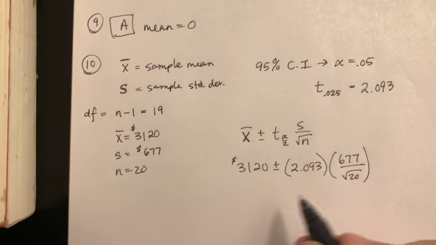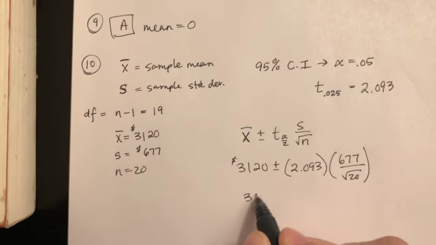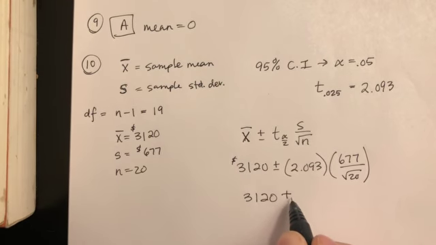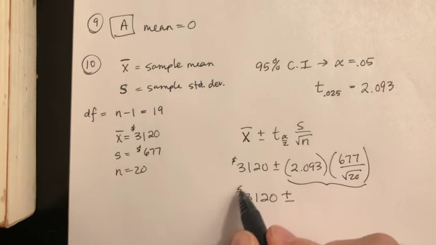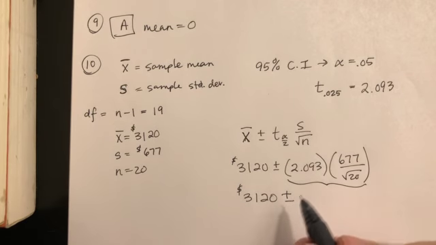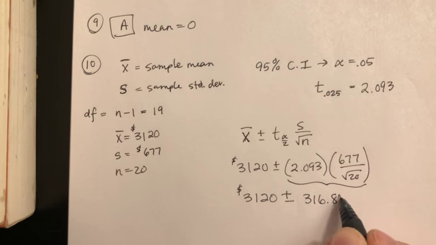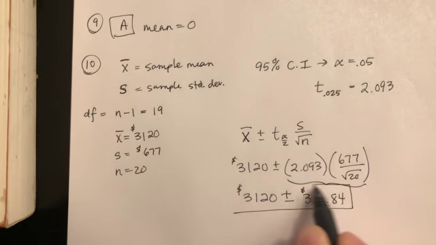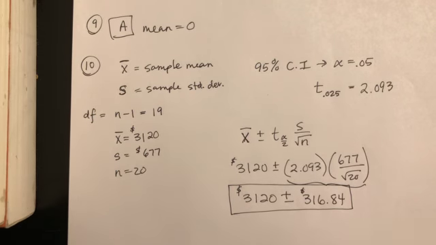I'm only working with this part right here; 3120 stays there, that's the mean. And then it's plus or minus 316.84. So that is the 95% confidence interval for this problem.